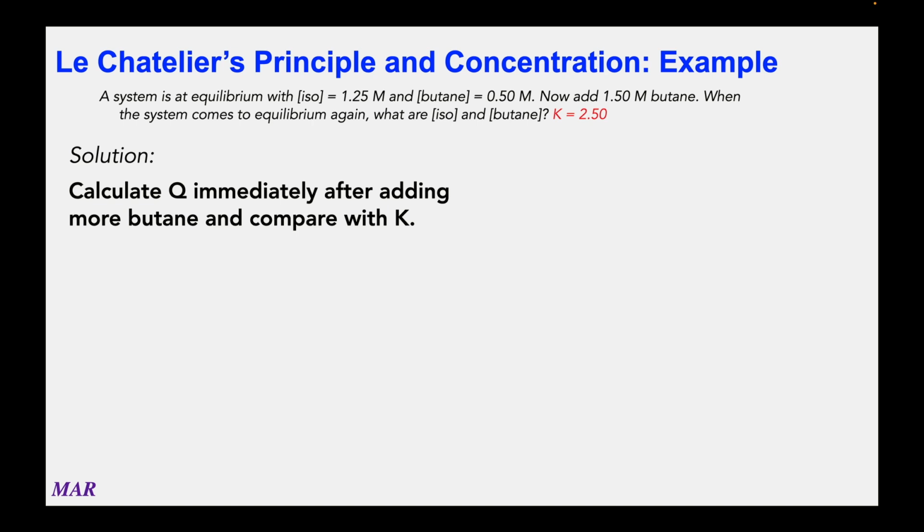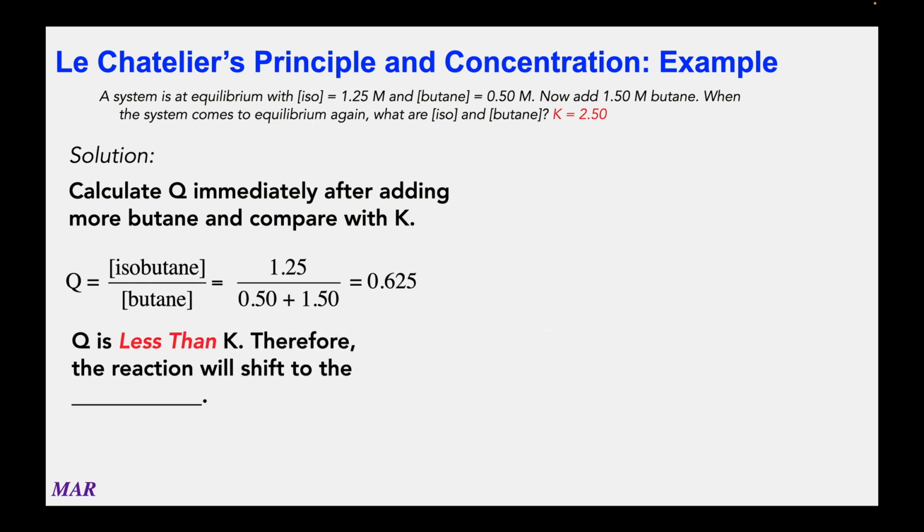Q is products over reactants. Now in this case, the product is still 1.25, but the reactants will be the initial 0.50 plus 1.50. So when you do the math here, Q comes out to be 0.625. Remember, K is 2.50, so Q is certainly less than K. We're not at equilibrium.